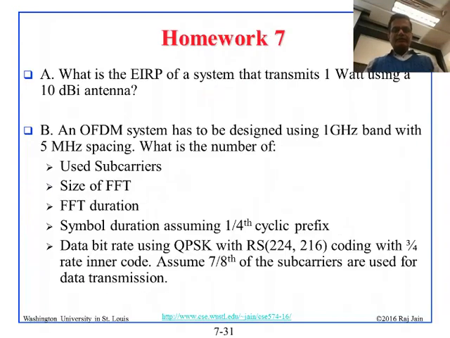Because then we will just leave it as FFT period, and symbol duration would include the FFT period plus the cyclic prefix, and then the data bit rate using all these codes. 3/4 rate inner code, and unless it's specified, it is always assumed EEP. In this case, I didn't say EEP or UEP, so it is EEP, equal error protection.